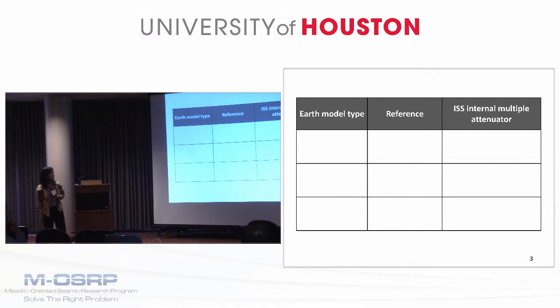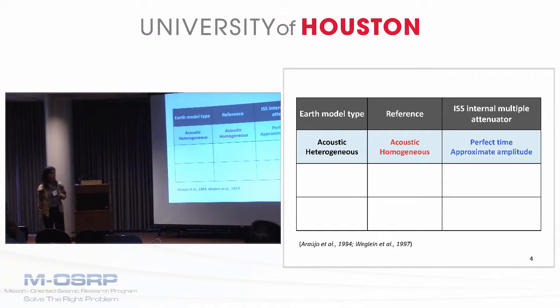So first, let's remind ourselves of the performance of the ISS internal multiple attenuation algorithm given a different Earth model. First, if your model is a heterogeneous acoustic, then by using a homogeneous acoustic background, Ruiz and Weglein demonstrated that this ISS attenuation algorithm can predict internal multiples with exact time and approximate amplitude.